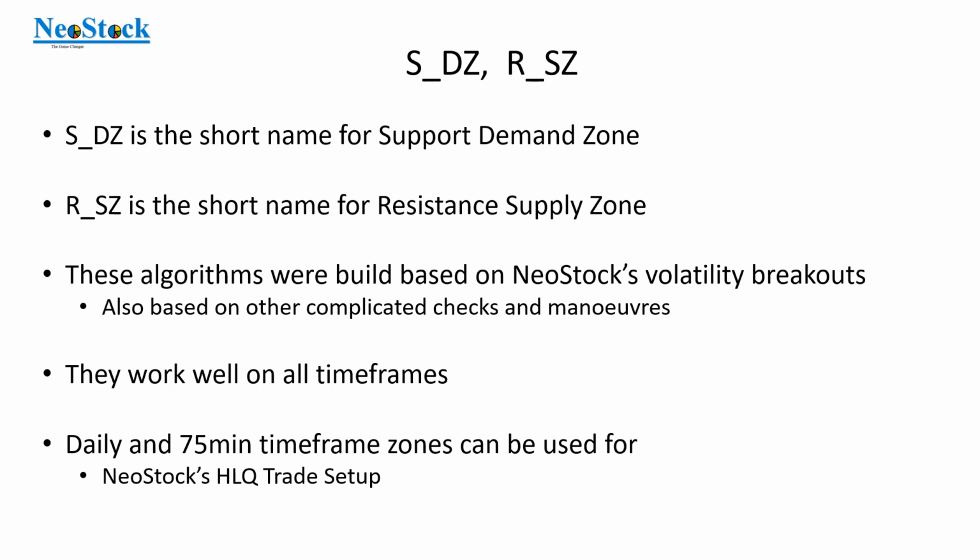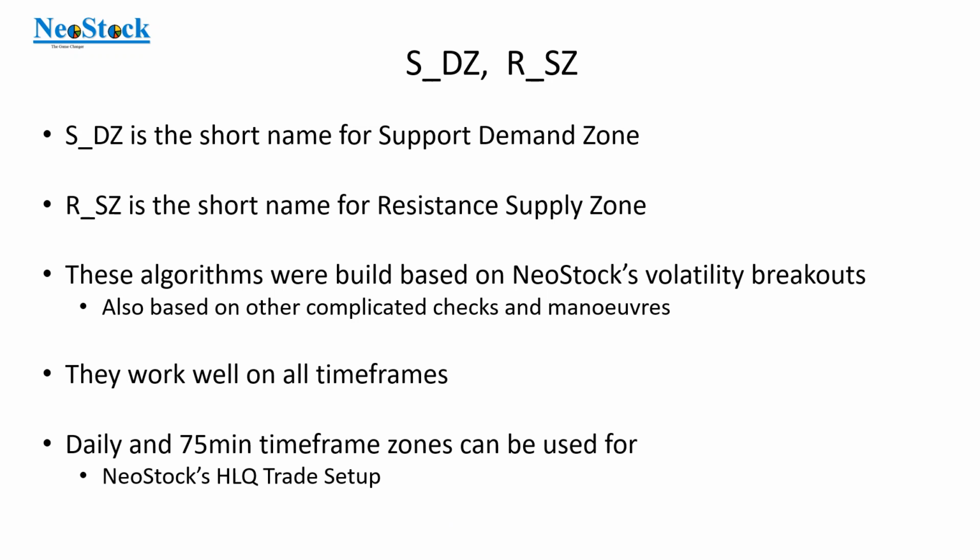Okay, this is about S_DZ and R_SZ, because many people asked me what this algorithm is and how to understand it. They say they don't want to take these zones with the help of the machine or NeoStock software; they want to identify them individually. Several people asked these questions earlier, and they keep asking the same question again and again. Probably you also will ask the same question.